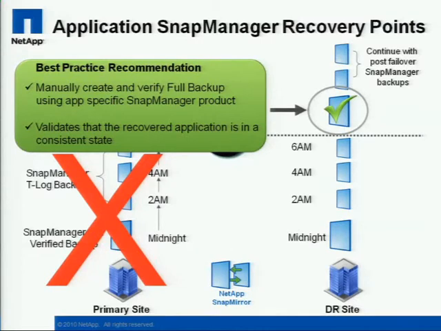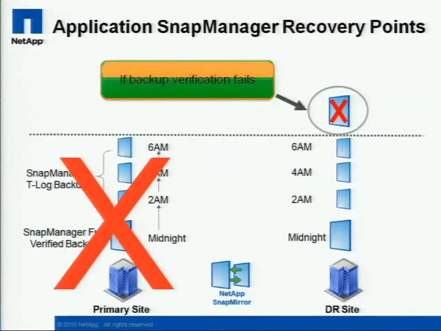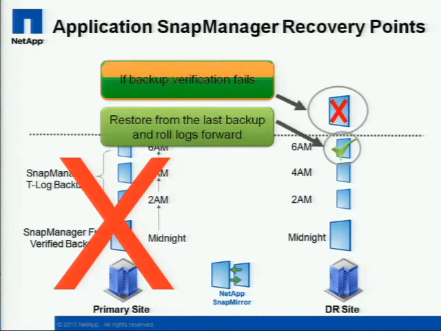Whatever the backup schedule was before, it's going to keep doing that schedule. If the backup were to fail, if there's some corruption detected somewhere in the database, you can recover back to one of the other consistent backups that you replicated prior to failover.